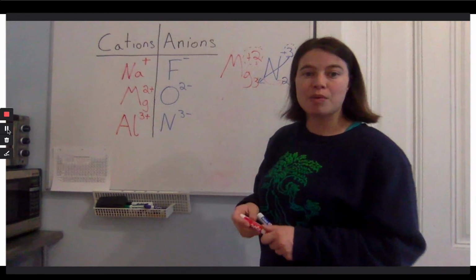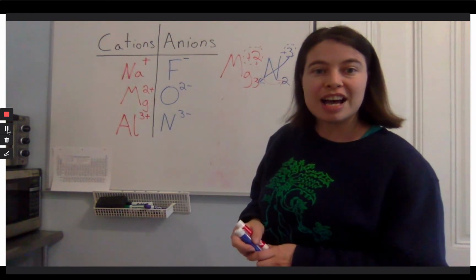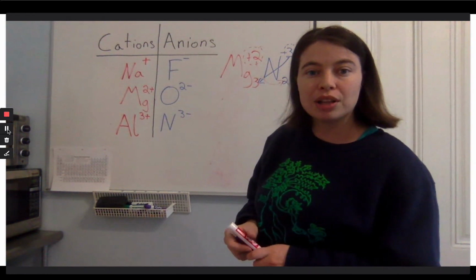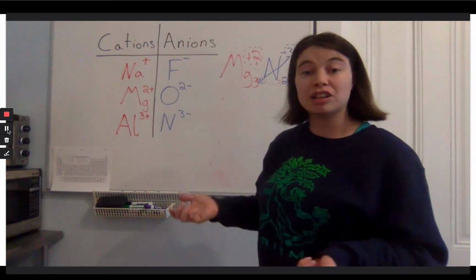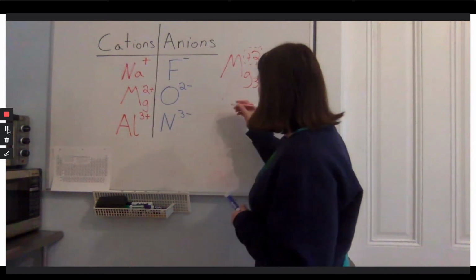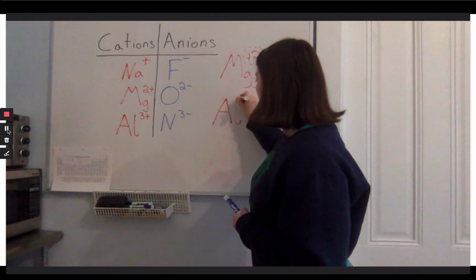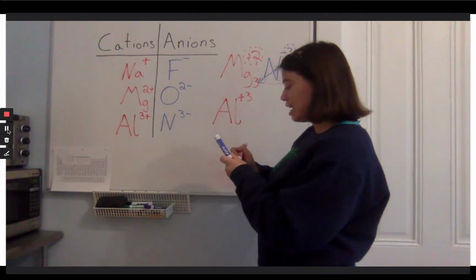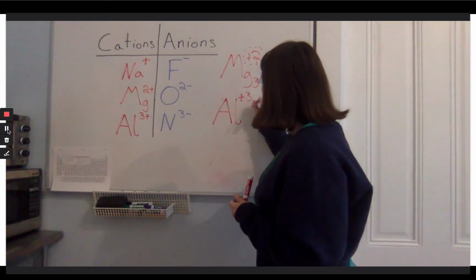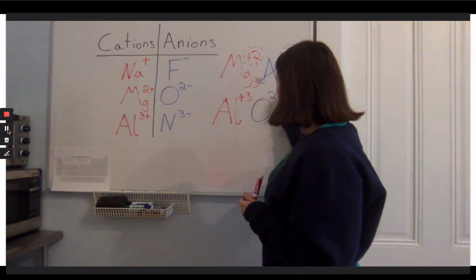Let's say I wanted to do, let's go with aluminum oxide. This is when aluminum rusts. So aluminum oxide, each aluminum has 3 positive charges. Each oxygen has 2 negative charges.